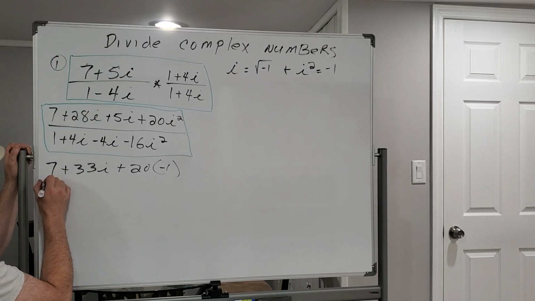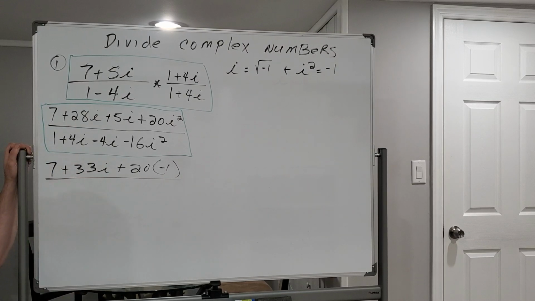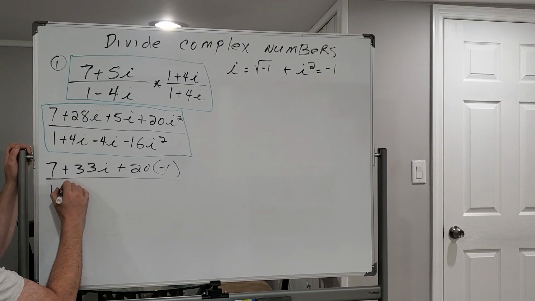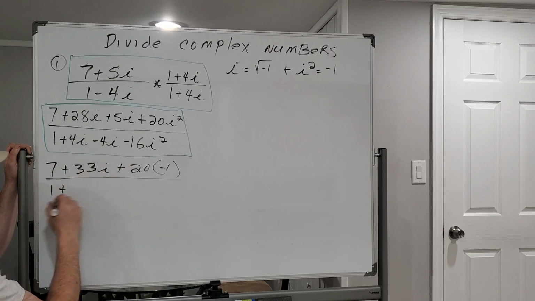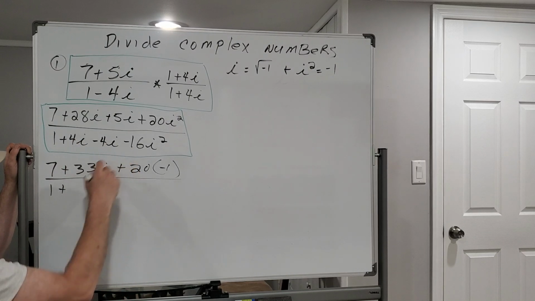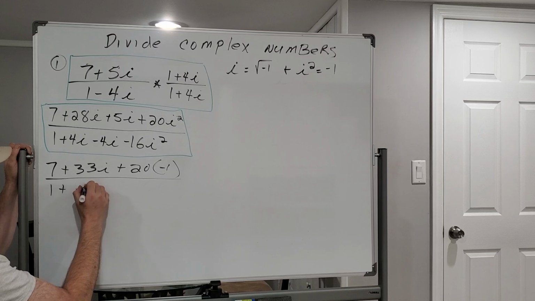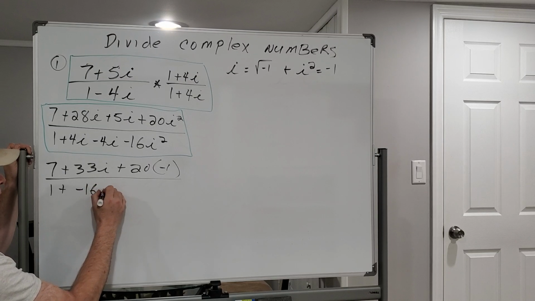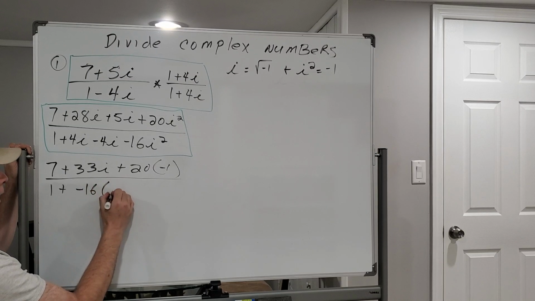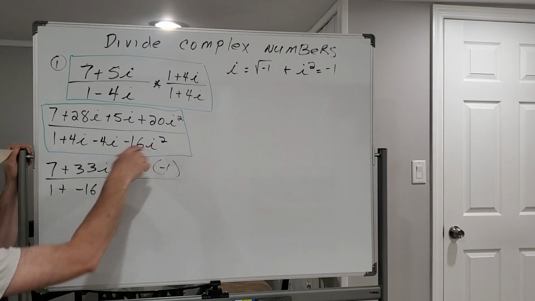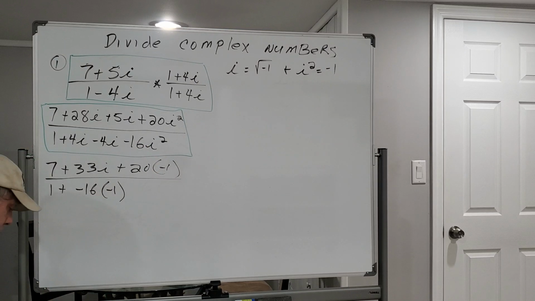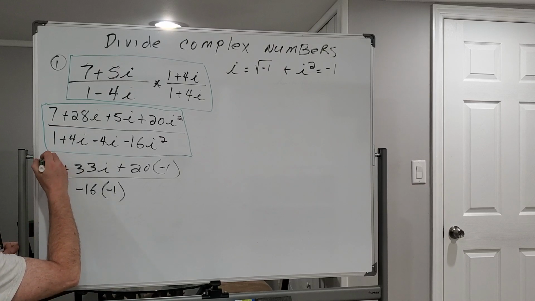Next step down here, we've got 1 plus 4i minus 5i, they cancel, minus 16, and that's times -1 for my i squared. So that is our third step.